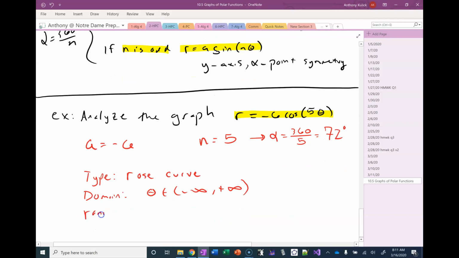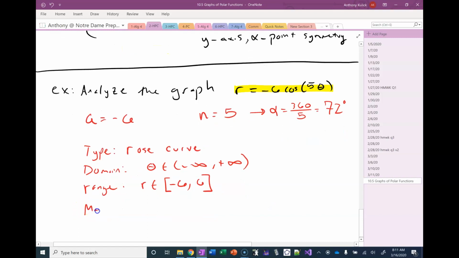The range is always going to be negative the absolute value of a, so in that case -6, and then positive the absolute value of a, which in this case would be +6. I know the maximum r value is going to be the absolute value of a, in this case the absolute value of -6.